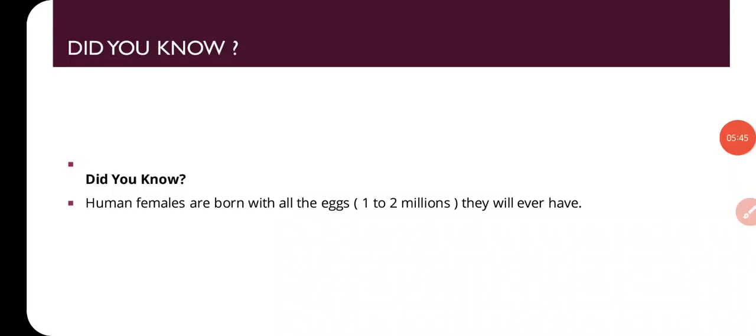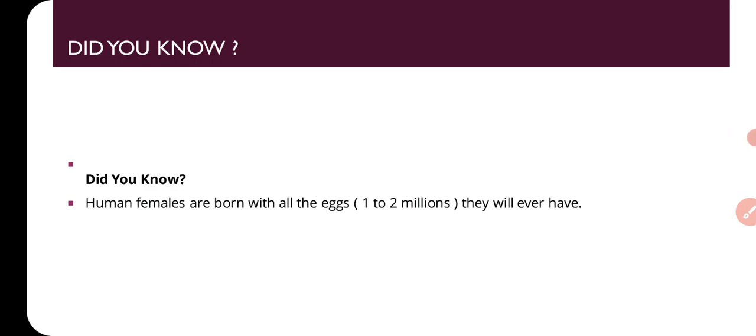So human females are born with all the eggs they will ever have. Whatever eggs are formed in human females, they are formed before birth, during the embryonic development in the mother's womb, but they are not mature enough.